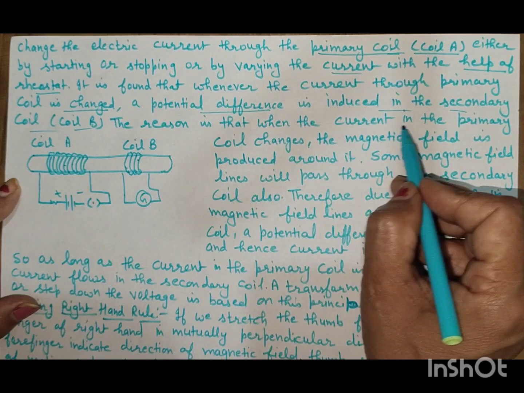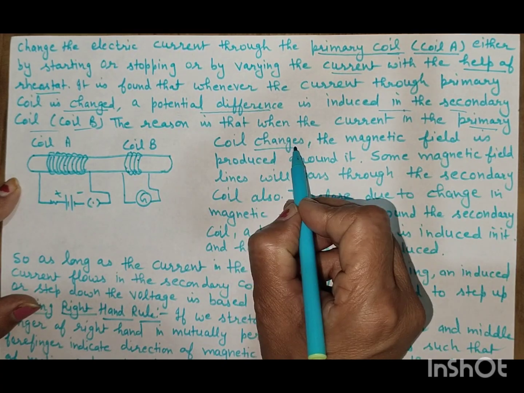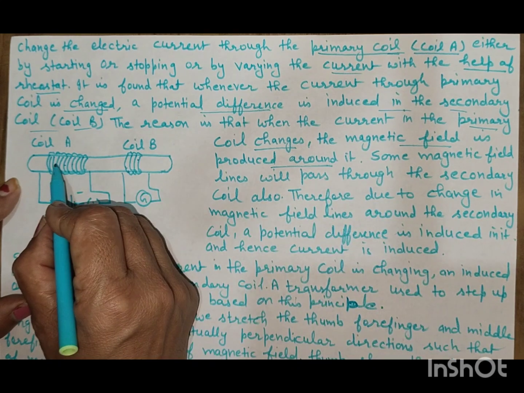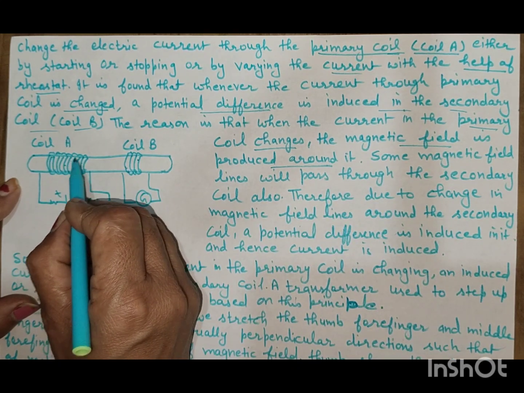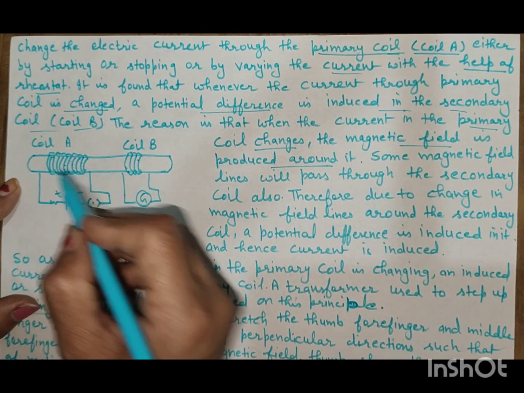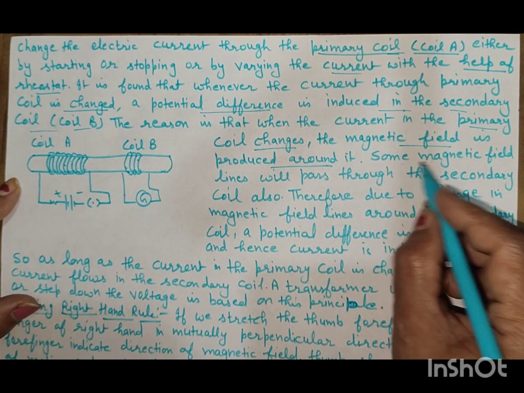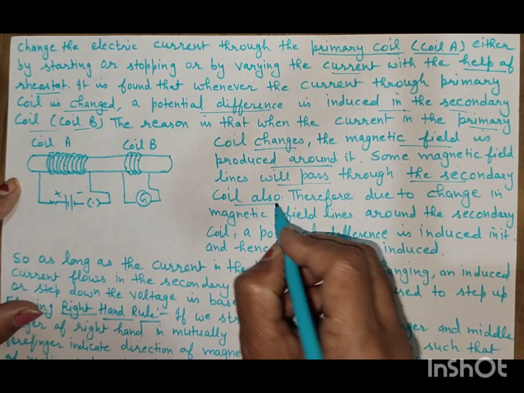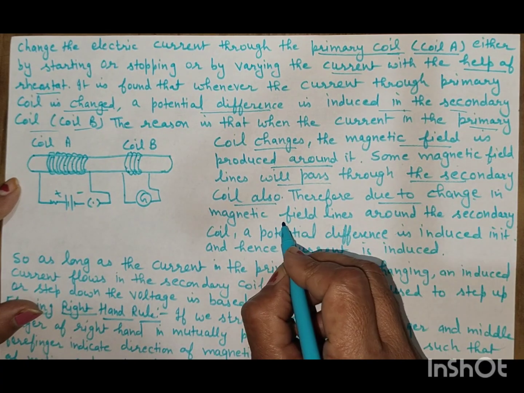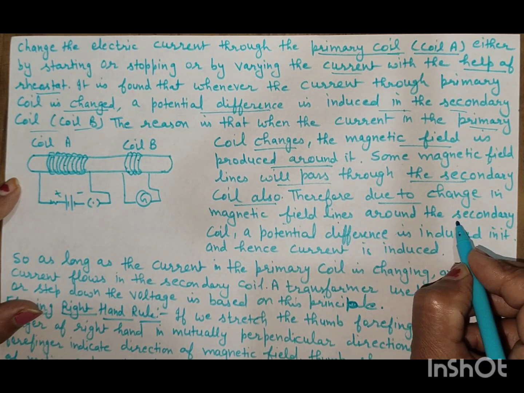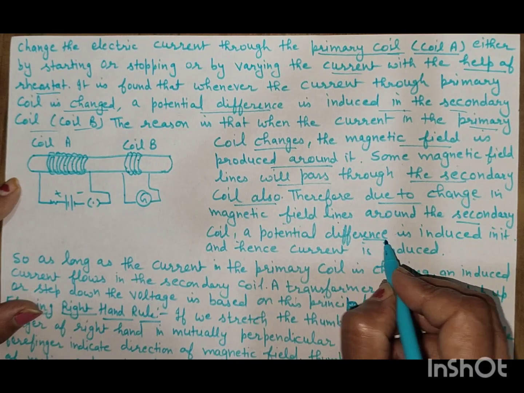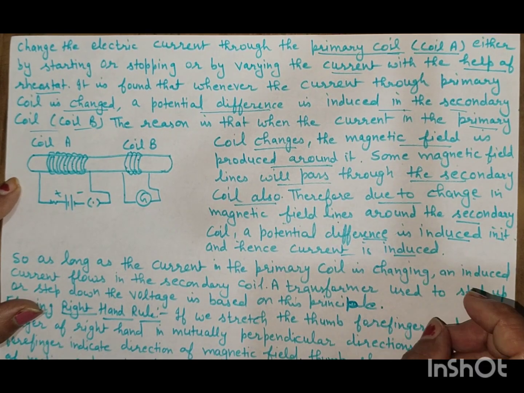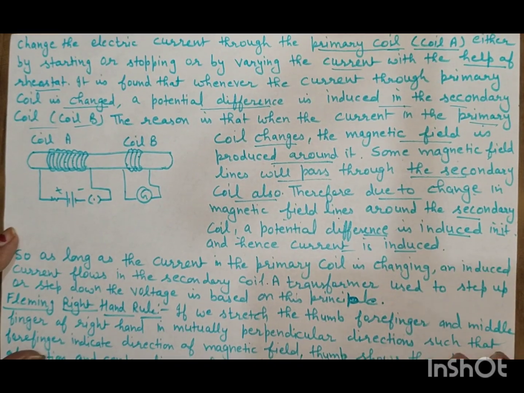The reason is that when the current in the primary coil changes, the magnetic field produced around it changes. Some magnetic field lines will pass through the secondary coil also. Therefore, due to the change in the magnetic field lines around the secondary coil, a potential difference is induced in it and hence current is produced.